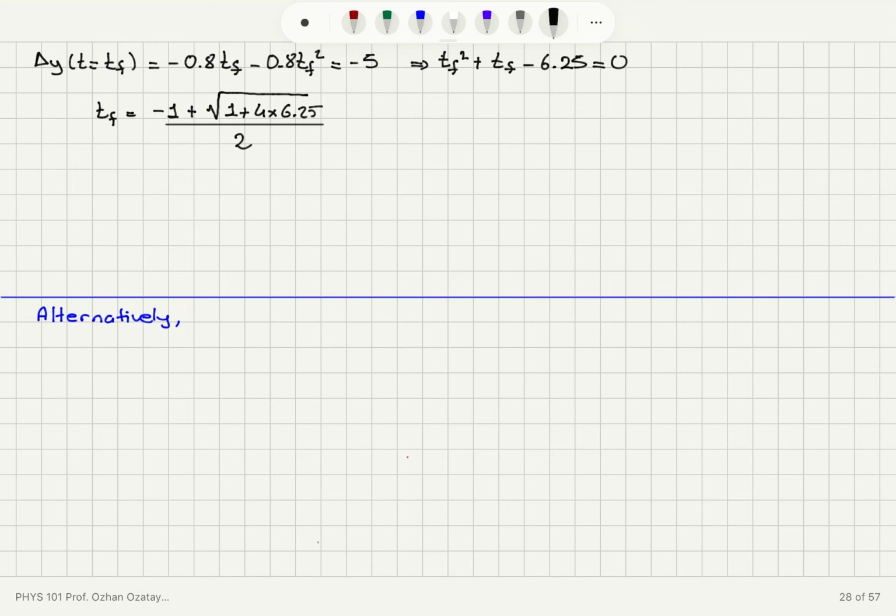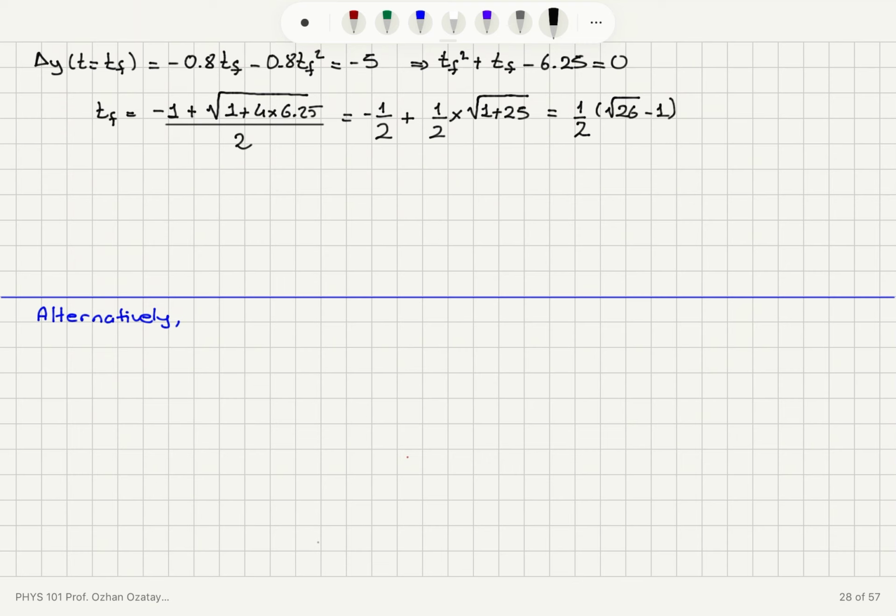So this gives me minus 1 over 2 plus 1 over 2 times the square root of 1 plus 25, and that will give me 1 over 2 times (square root of 26 minus 1).